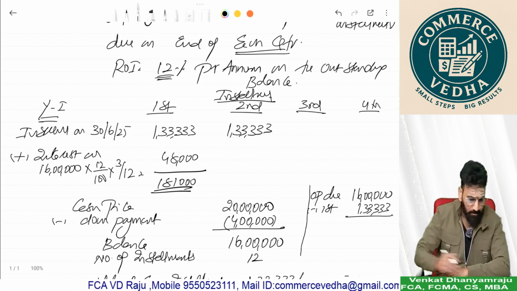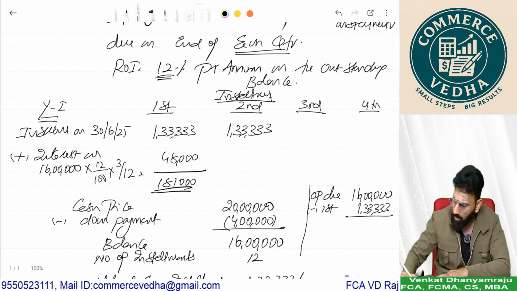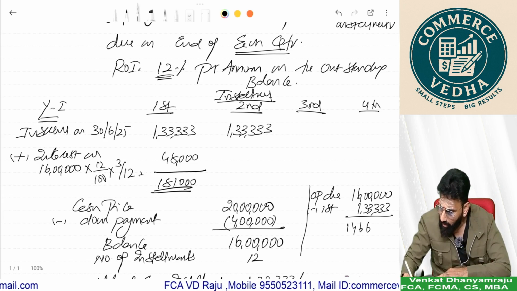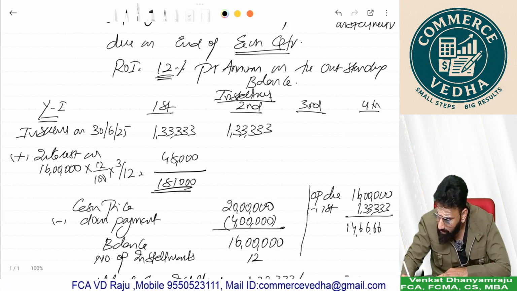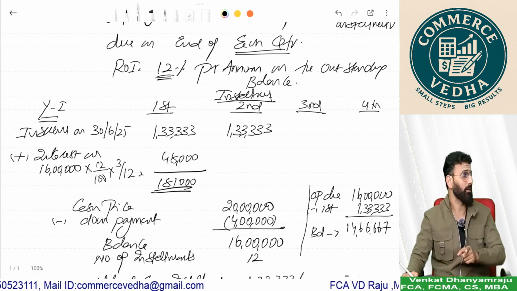So the balance is 14,66,667 is the balance on second installment.